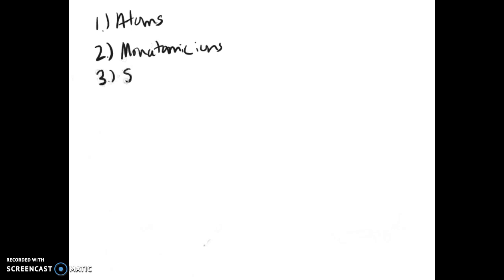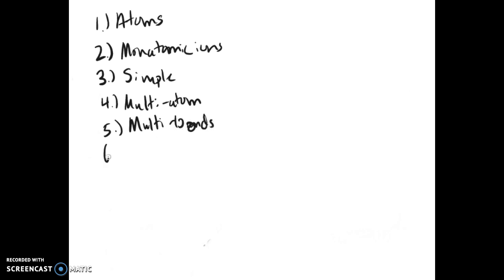Now, there are 6 ways we need to learn about Lewis dot structures. Number 1, just how to do all of the main group element atoms. 2, monatomic ions. 3, simple molecules. 4, multi-atom molecules. 5, multi-bonds. 6 are called resonance structures.